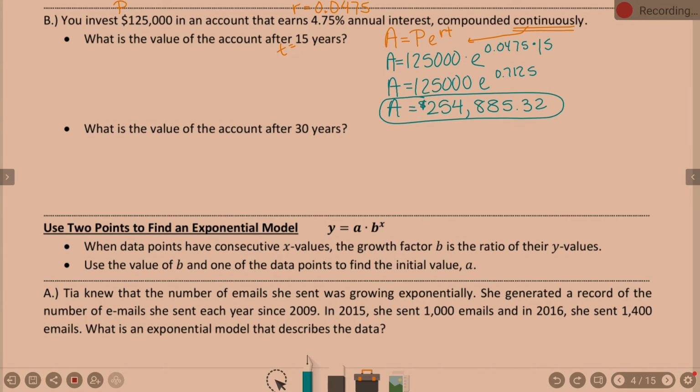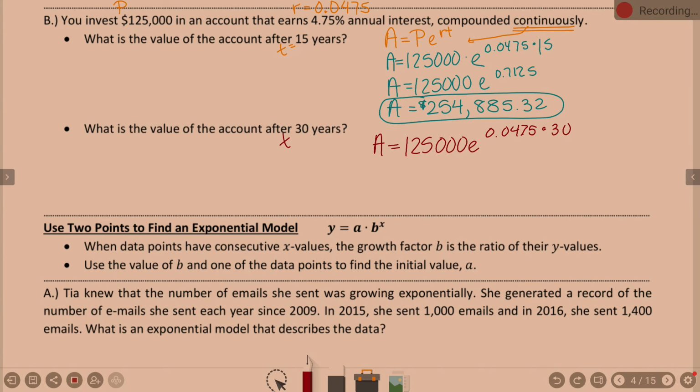Now, in the next one, the only thing that changes is the time. Next one has a huge answer. 125,000 e to the 0.0475 times 30. Experiment some.